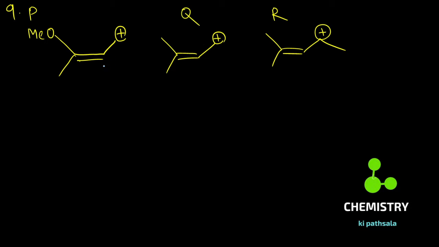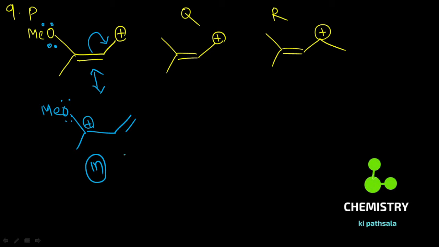Now in the case of this carbocation, yes, very good. You are thinking of the mesomeric effect. Before that, just do the resonance so that you will get a proper idea of the mesomeric effect. Now you will see, you will get the mesomeric effect. Now you are happy, right? In this case, you will get a positive charge here.